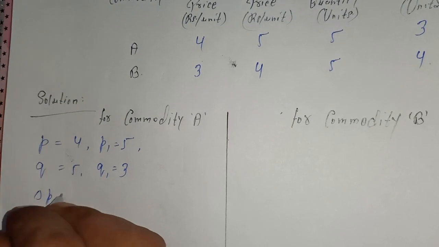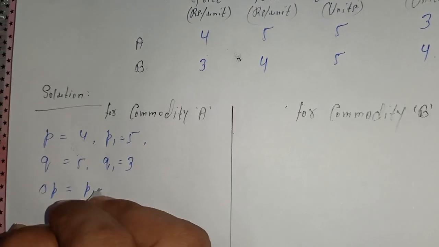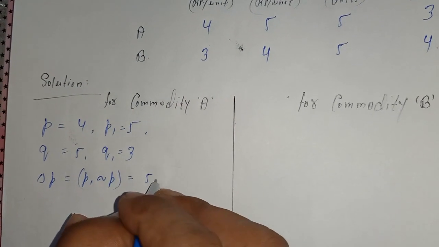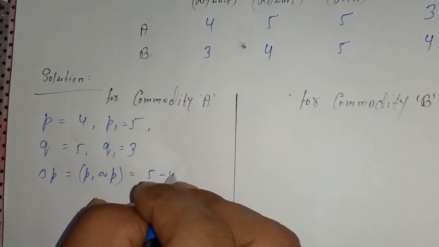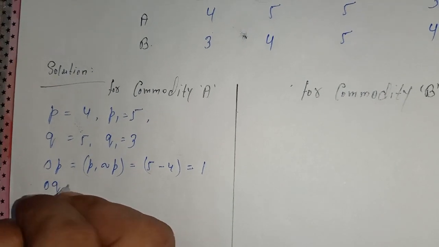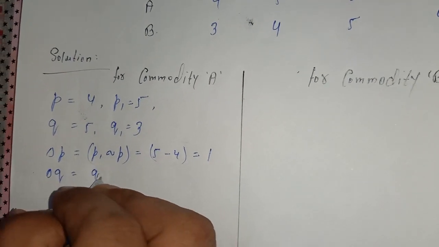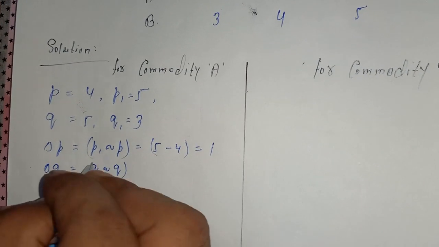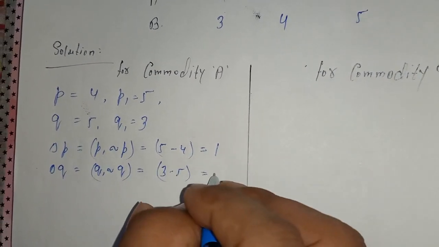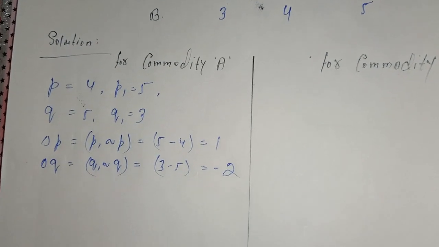Delta P is equal to P1 minus P, 5 minus 4 is equal to 1. Delta Q is equal to Q1 minus Q, 3 minus 5 is equal to minus 2.